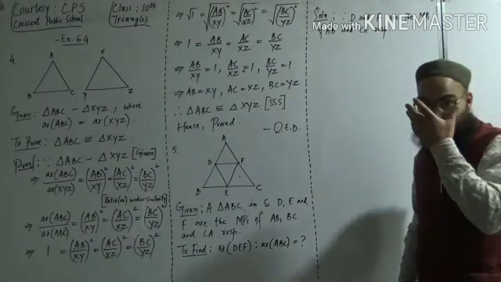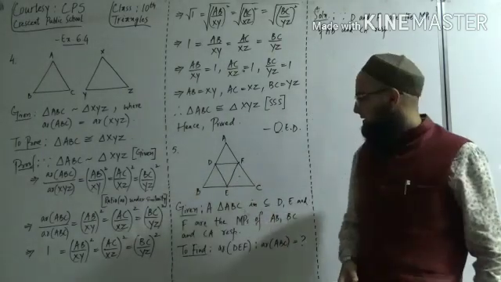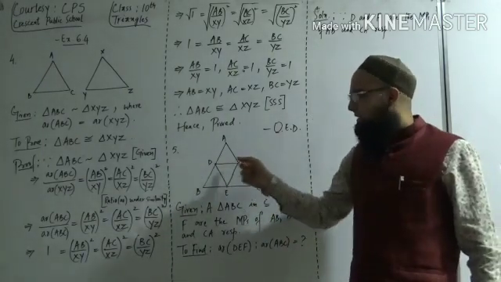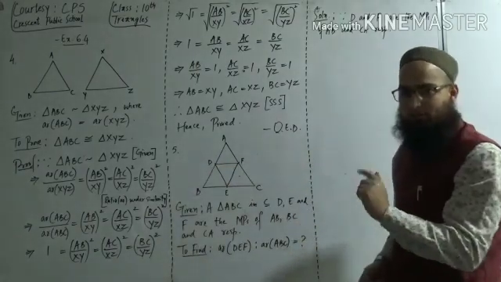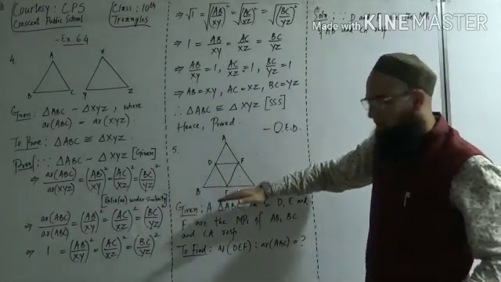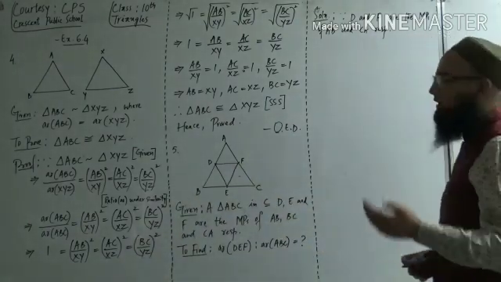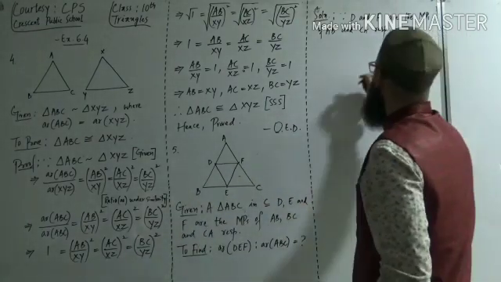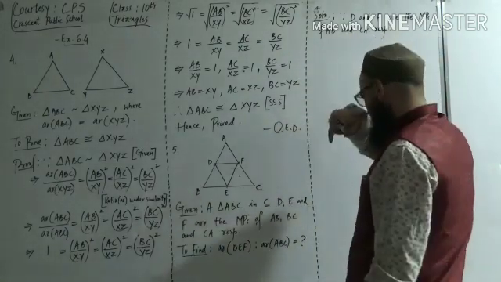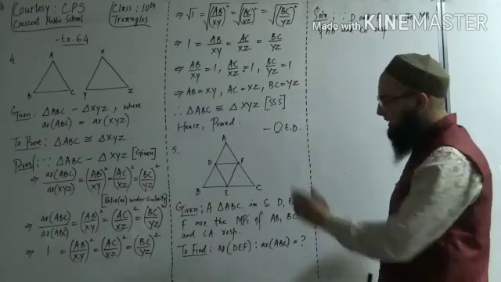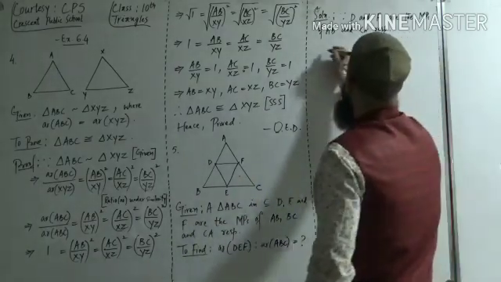You have learnt in your previous classes that a line segment joining the midpoints of two sides of a triangle is parallel to the third side and it is half of it. This is the midpoint theorem. So DF is a line segment joining these midpoints, so it must be parallel to BC and half of it.